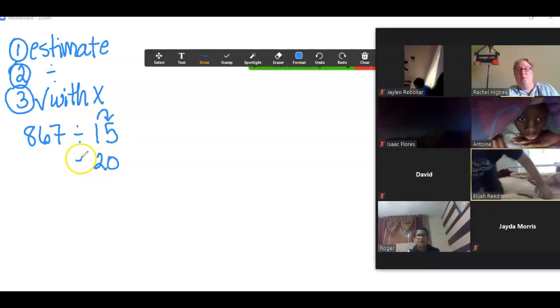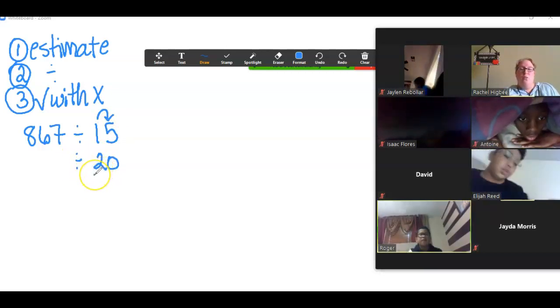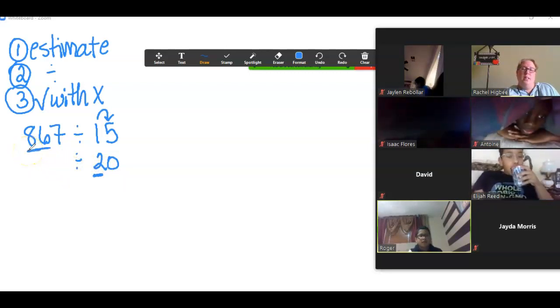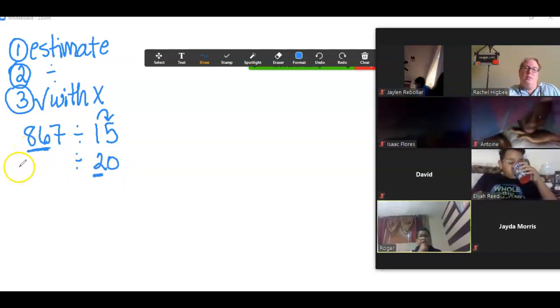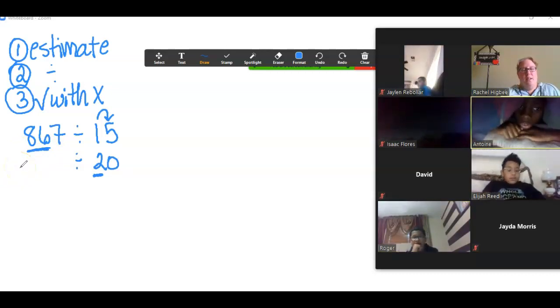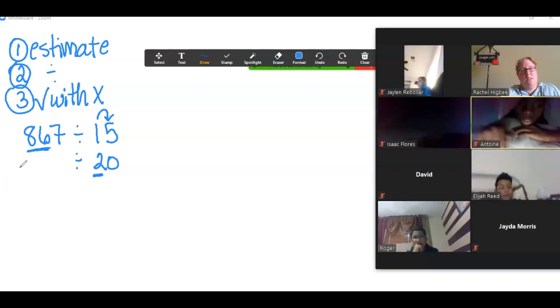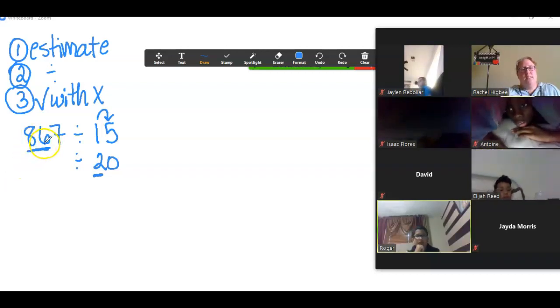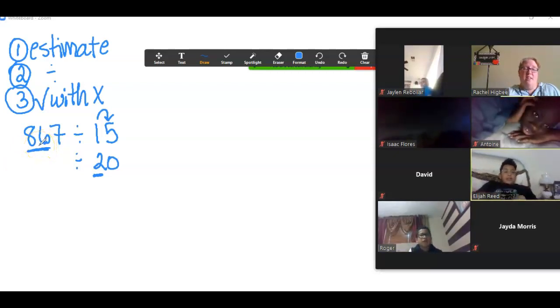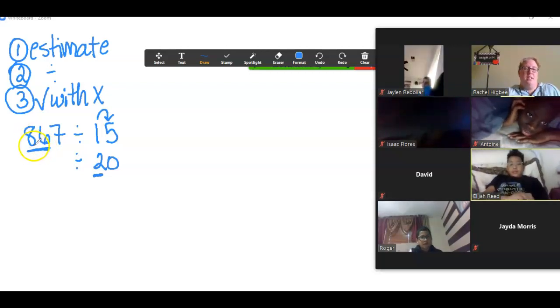Very good. Okay. Now, does 2 have a relationship with 86? That one's kind of tricky, okay, because technically it does, because 86 is an even number, but remember we're looking for friendly numbers, right? 86 is not a very friendly number. All right, what can I change the 86 to that would be more friendly?